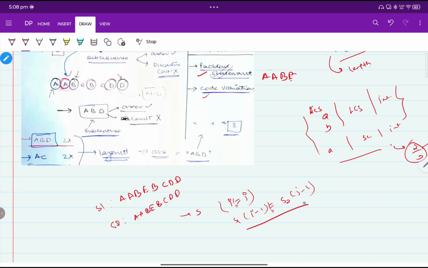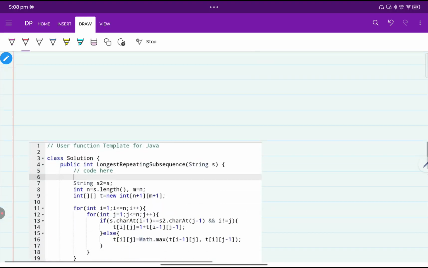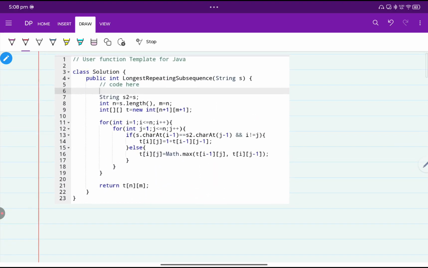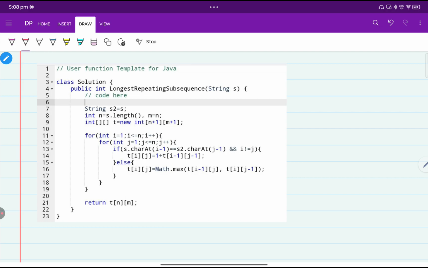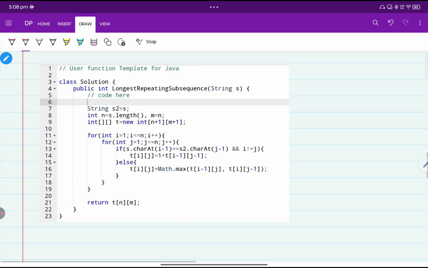Only one change in the code and you get the longest repeating subsequence. The code is the same.